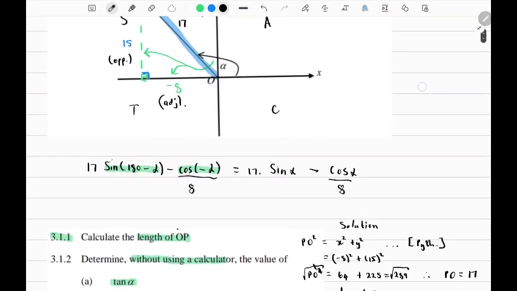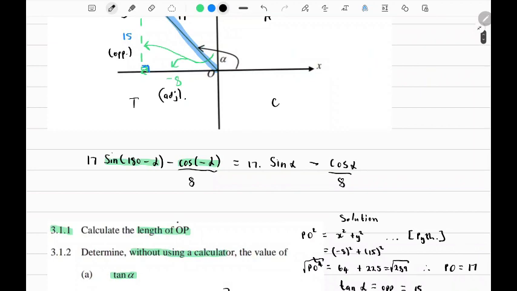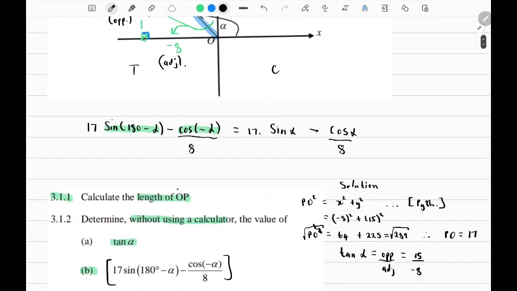So now we can just substitute. I'm just going to continue down here.